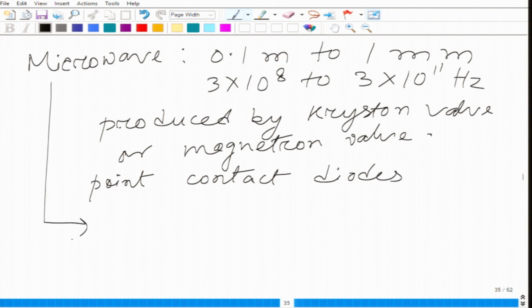Microwaves have a very popular application in microwave ovens. They actually generate heating.